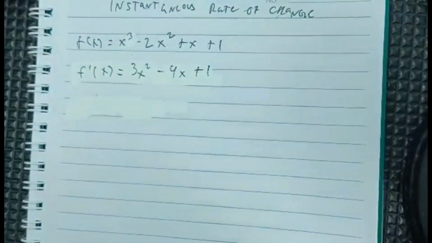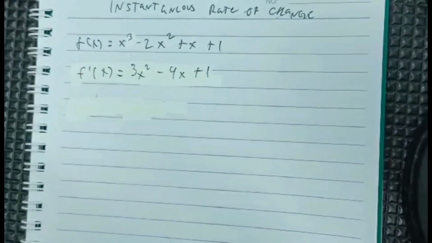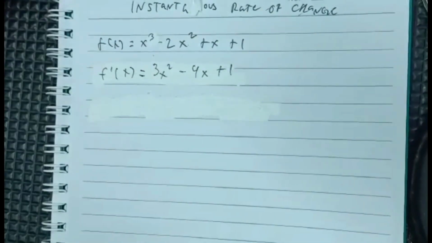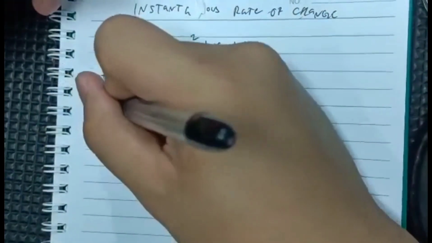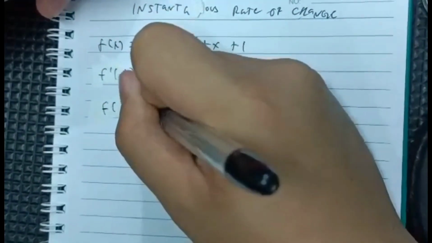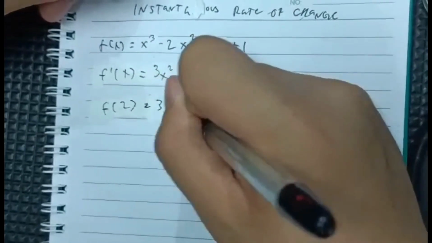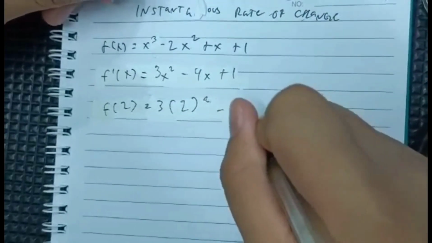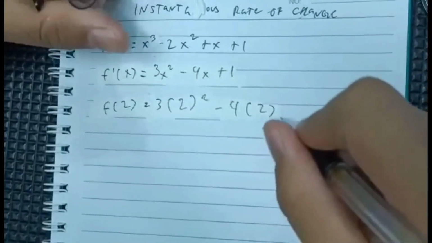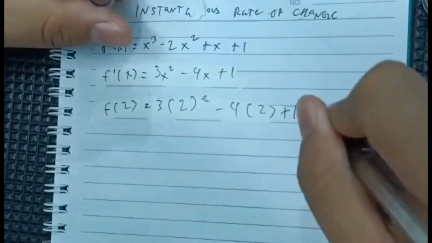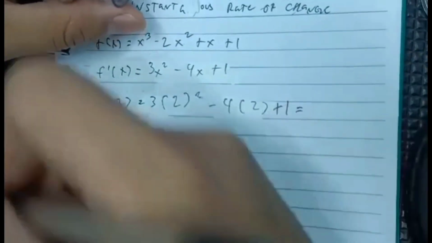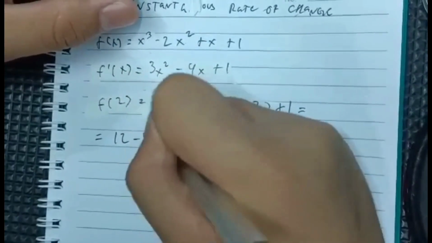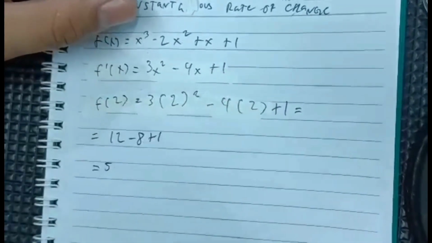Now, we can find the instantaneous rate of change of f(x) at x = 2 by evaluating the derivative f'(2). f'(2) = 3 times 2 squared minus 4 times 2 plus 1, which equals 12 minus 8 plus 1, which equals 5.